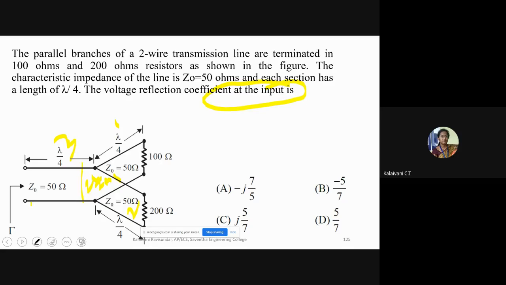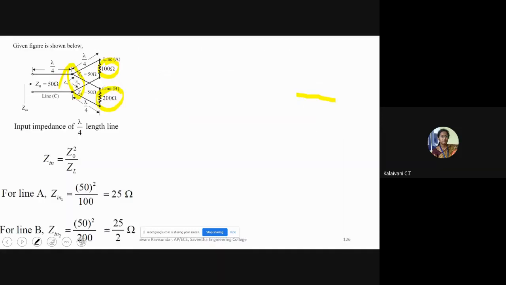If I didn't notice this last phrase, at the input, I'll go with the formula ZL minus Z naught divided by ZL plus Z naught. But remember, voltage reflection coefficient at the input. So input is very important. So the formula changes now.